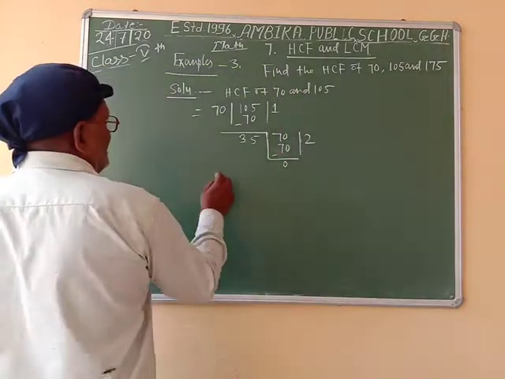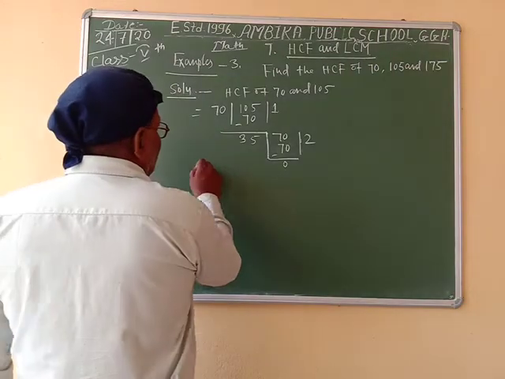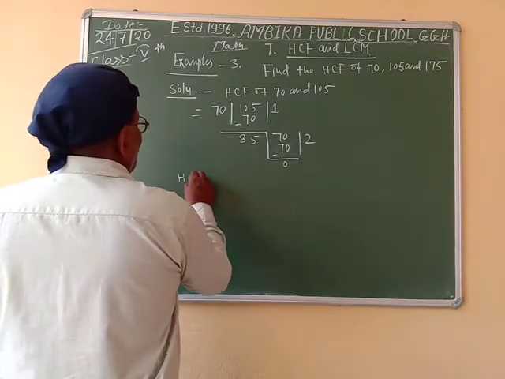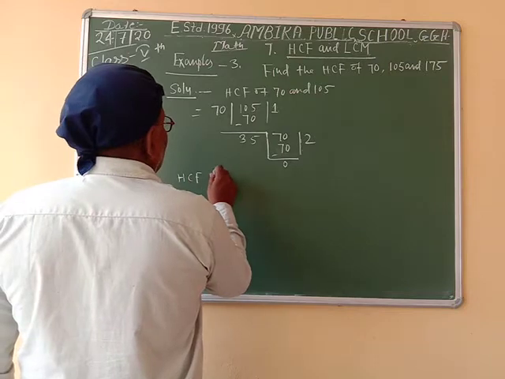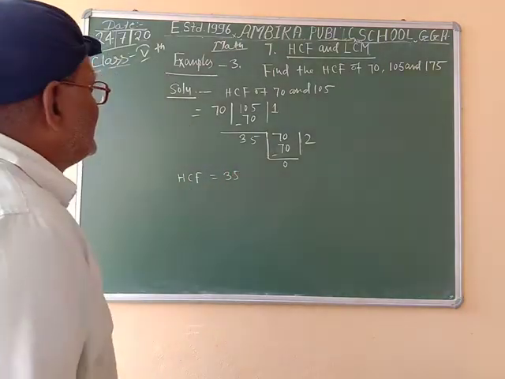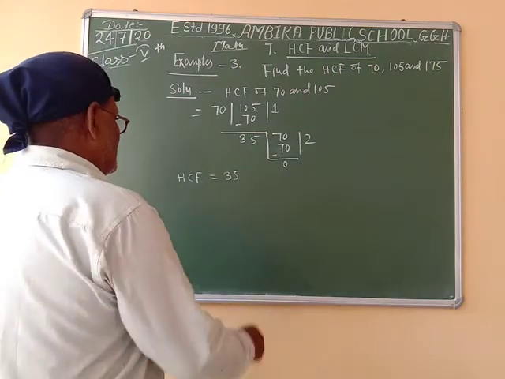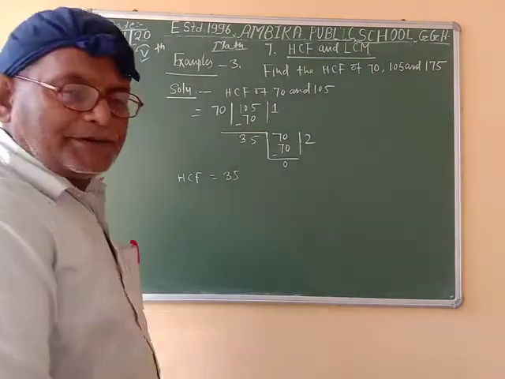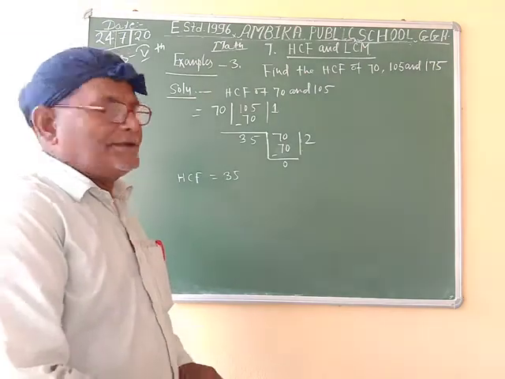Hence HCF is equal to 35. HCF of 70 and 105 is equal to 35.